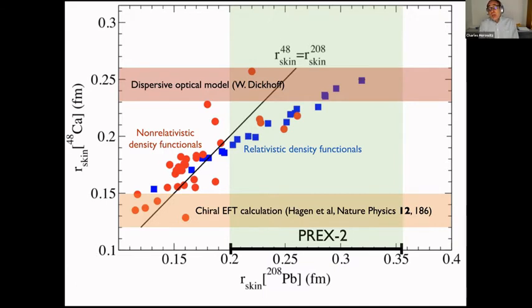If you look at the dipole polarizability, for example, it tends to favor a smaller symmetry energy, or smaller density dependence, a smaller L than the P-REX value. But because, unfortunately, of the P-REX relatively large error, they're consistent.